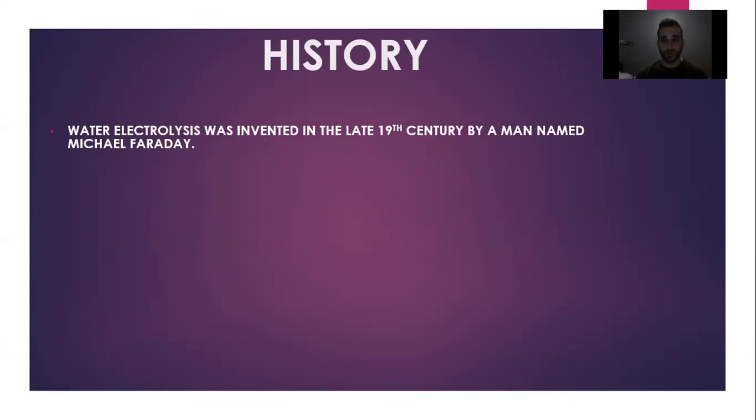It's in almost literally every piece of electronic equipment you've ever used, and this man was the first one to discover or invent this technology in the late 1800s. It's a very long time that this has been in existence.